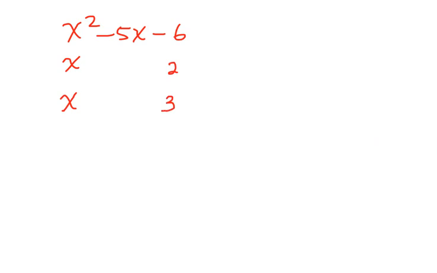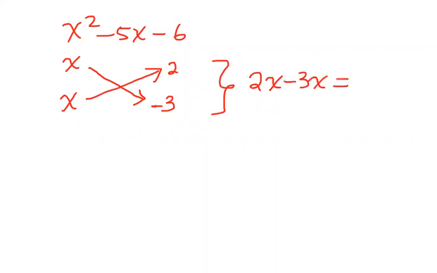Maybe let's make one of the numbers negative. If I cross multiply x times that, I get 2x. If I do this, I get minus 3x. The result will be minus x, and that's not what we want in the middle here.